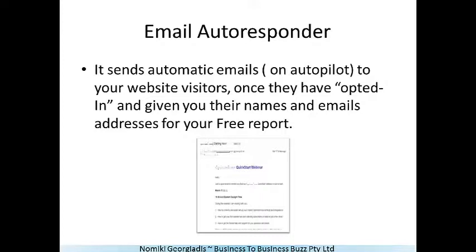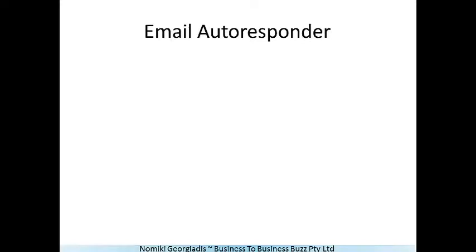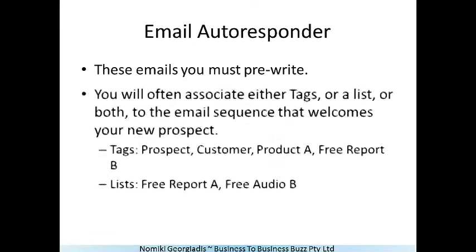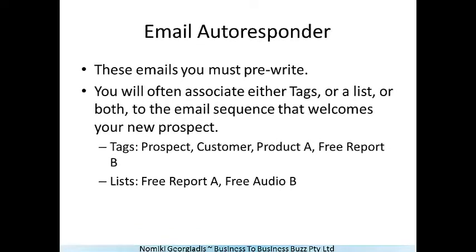One is to welcome them, one is to deliver their free report or whatever it is you gave them, and then there's more behind the scenes. Basically, you need to pre-write these emails. In setting everything up, you need to pre-write the emails. You're often going to associate tags to these emails or a list or both. Now, if you don't know what I'm talking about, again, come and talk to me.